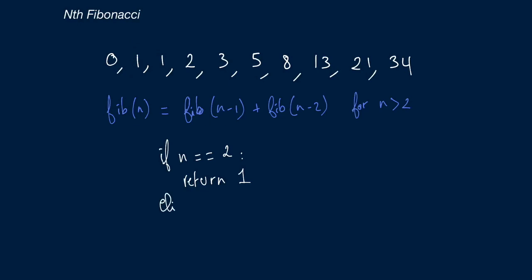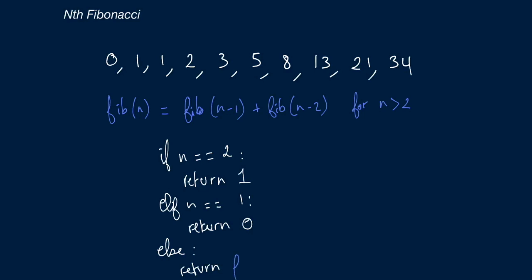Then else if n is equal to 1, then we return 0, because we know that the first number in the Fibonacci sequence is always 0. So these here are both of our base cases in our recursive algorithm. And then we can say else return, and here we can literally return our math formula.